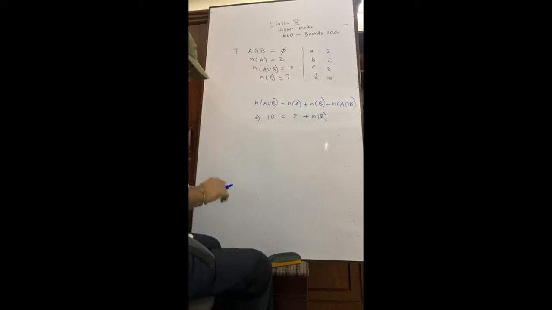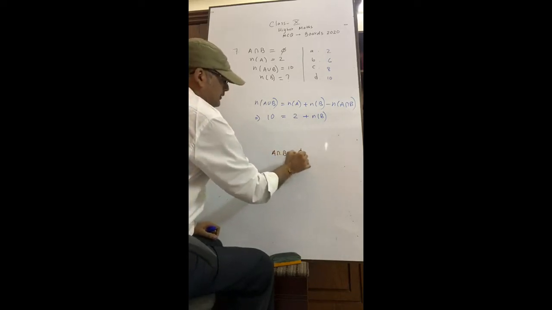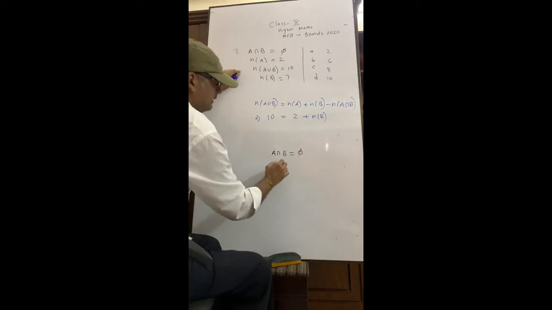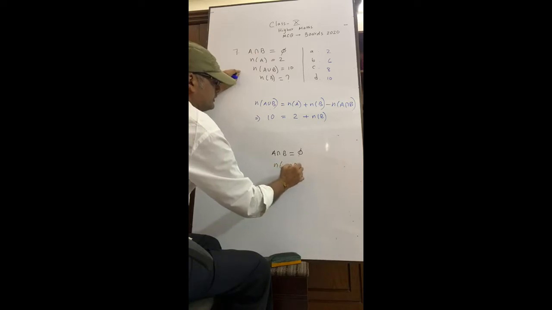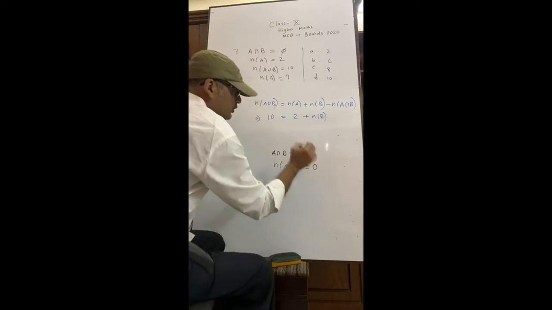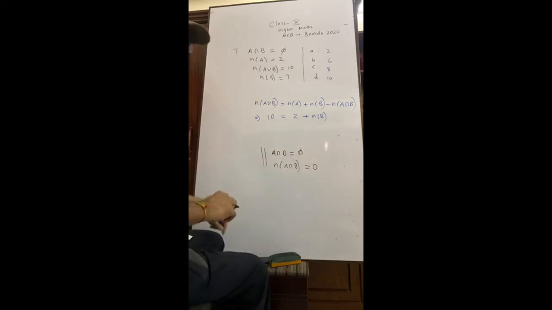Now, A intersection B equals empty set. That means the number of elements of A intersection B is equal to 0. Please try to understand. Empty means there is no element.